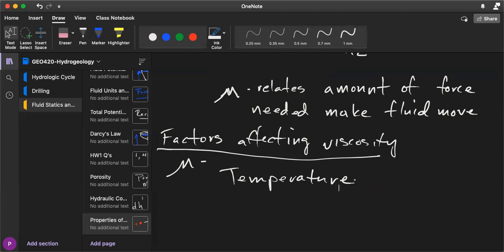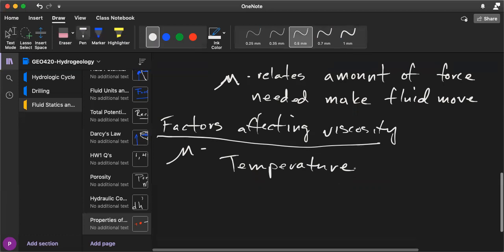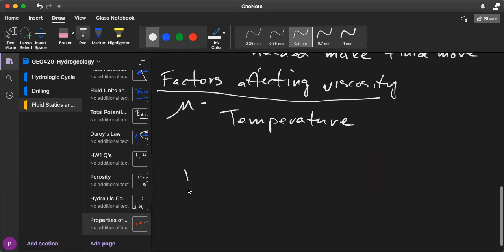All right, so let me ask you this. If we know that K is equal to little k rho water g over mu, and this thing's temperature dependent, what does that make hydraulic conductivity?